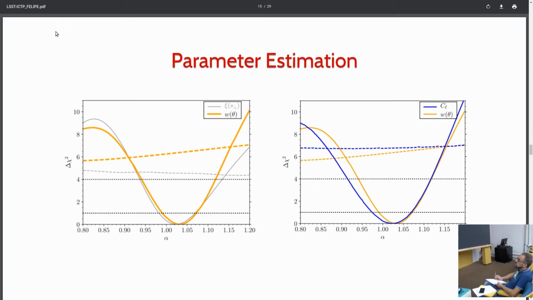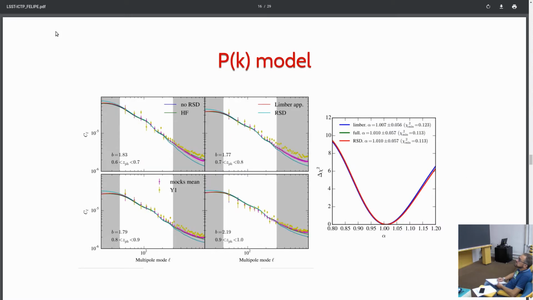So the problem here is that everything seems pretty straightforward because we take our data, and then the robustness tests.